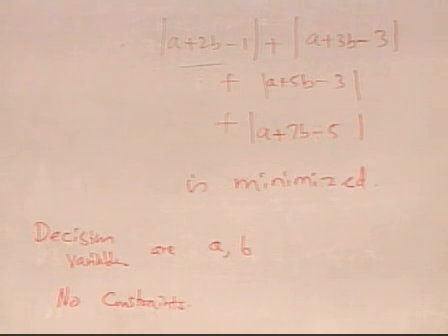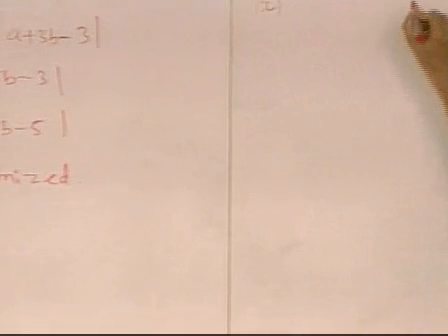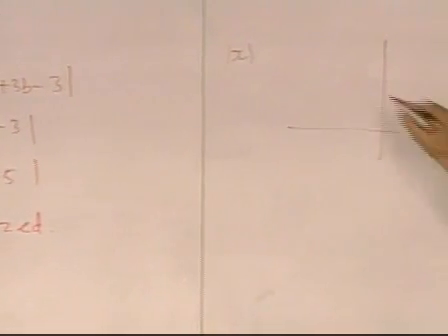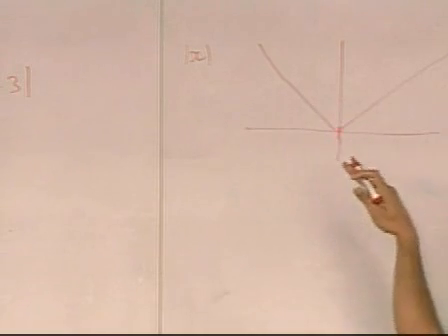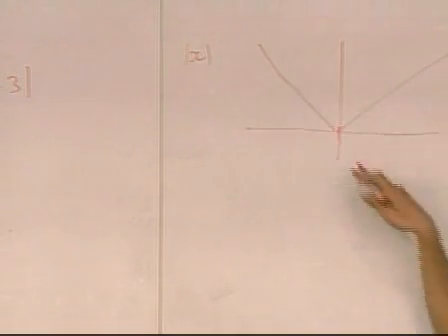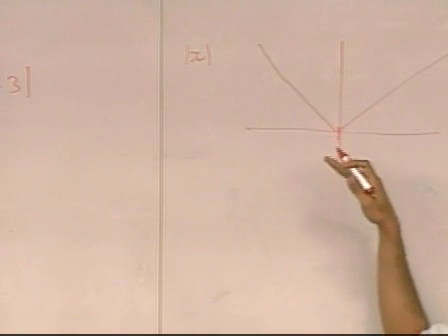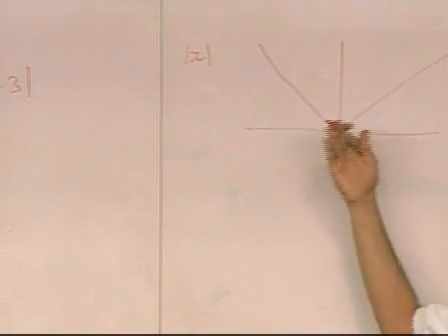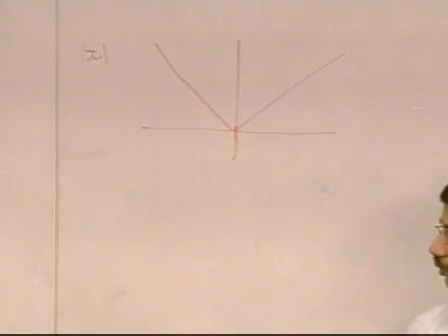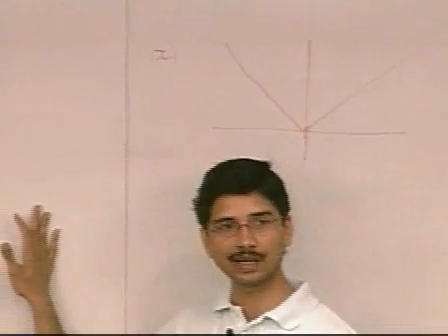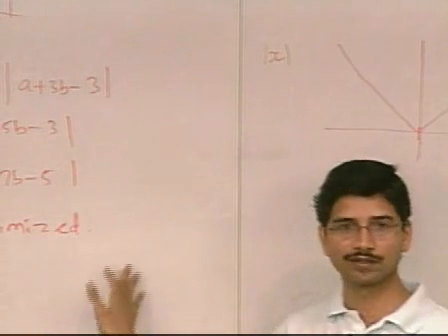Another way to see it is that if I graph this function, the absolute value of x, I get a picture that looks something like this. And you can see that this is not a straight line. It's fairly close. It's two straight lines, but it's not one straight line, which is what you need for a linear function. Okay? So therefore, this is not a linear program. That's the only problem with this formulation.